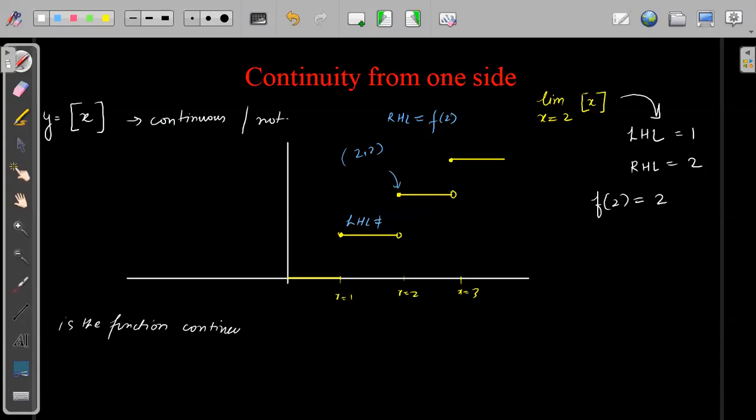Can we say the function is continuous on the right hand side of the point x equals 2?